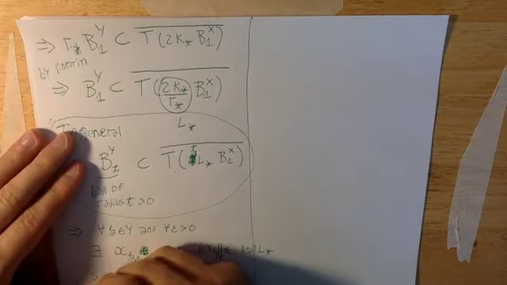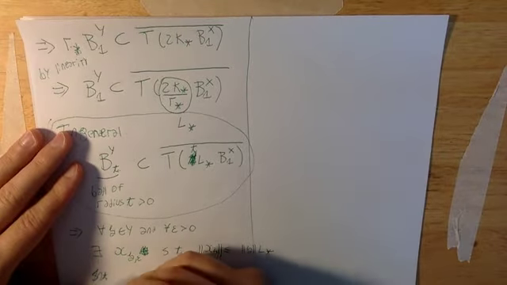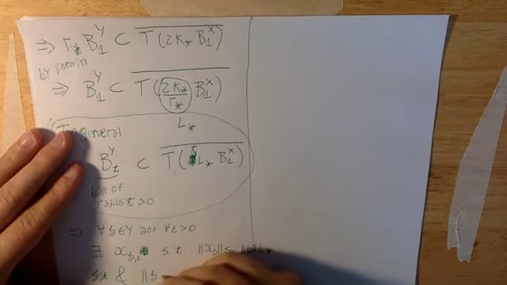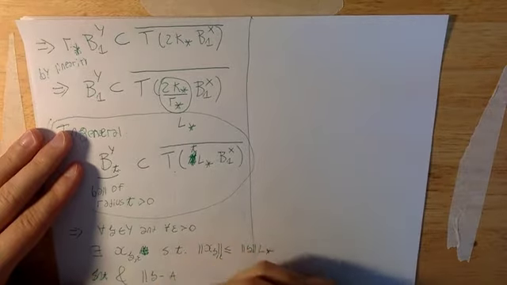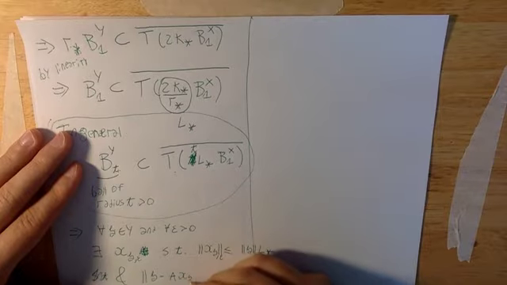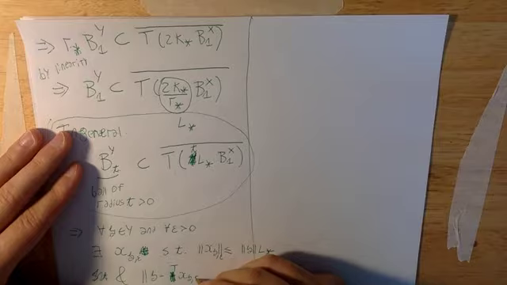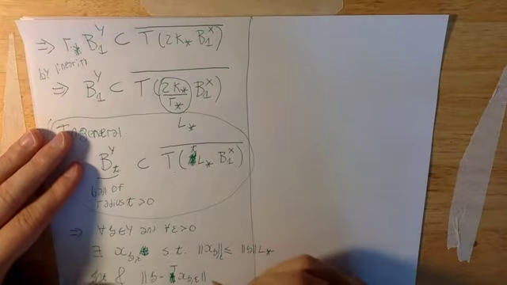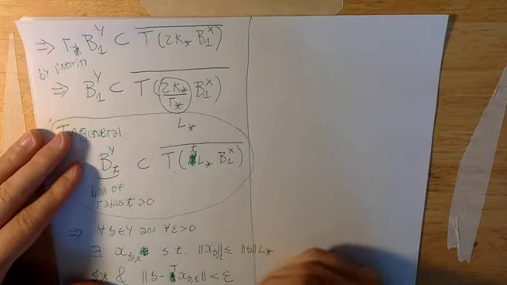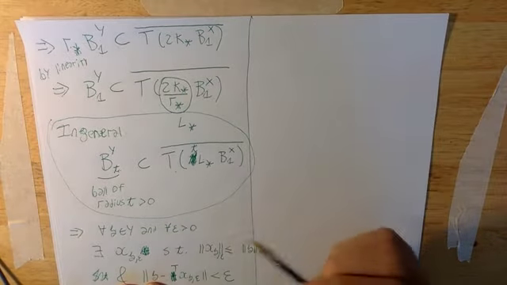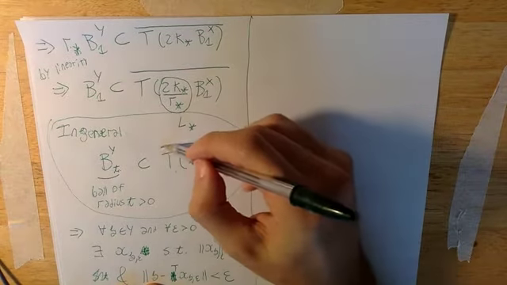So there exists an x_y epsilon with norm less than the norm of y times L star, such that the norm of y minus the operator T times x_y epsilon is less than epsilon. Here what I'm using is the notion of closure.